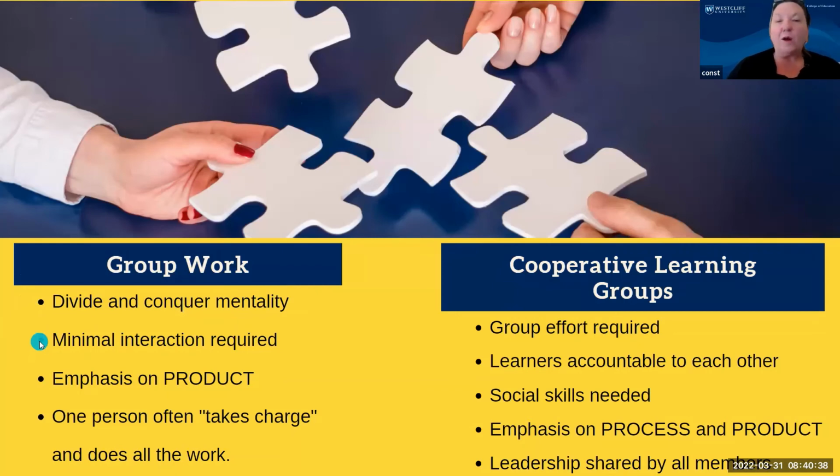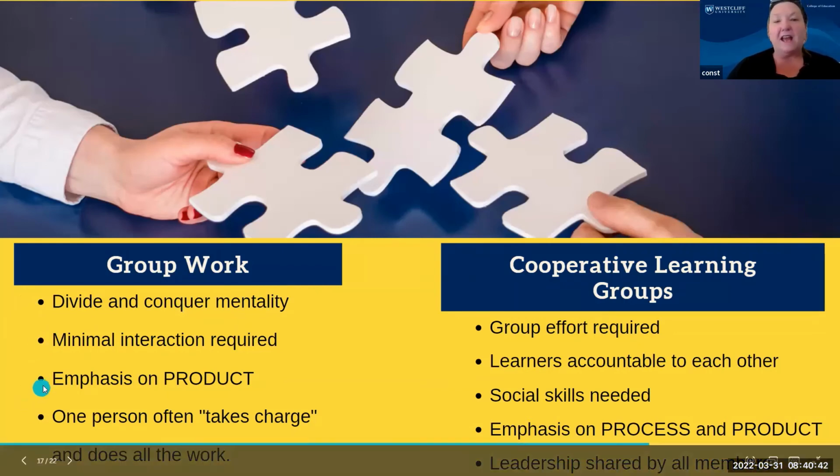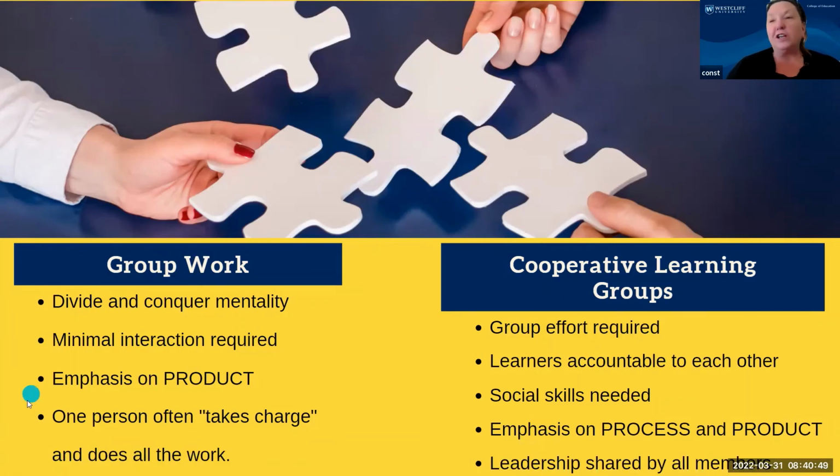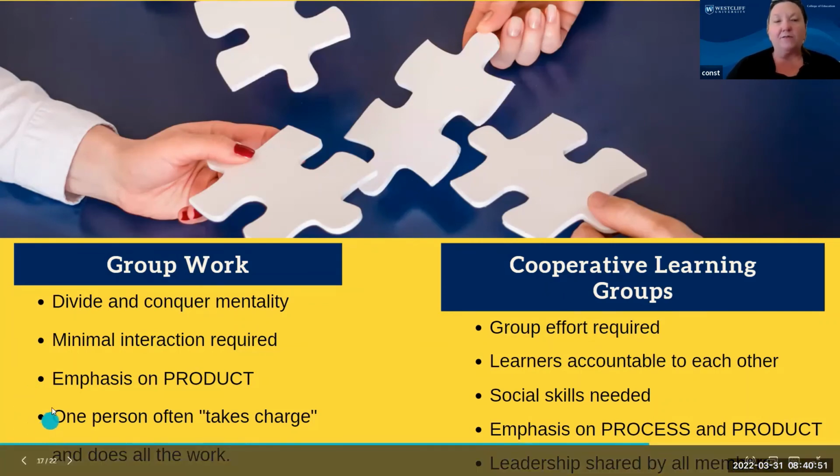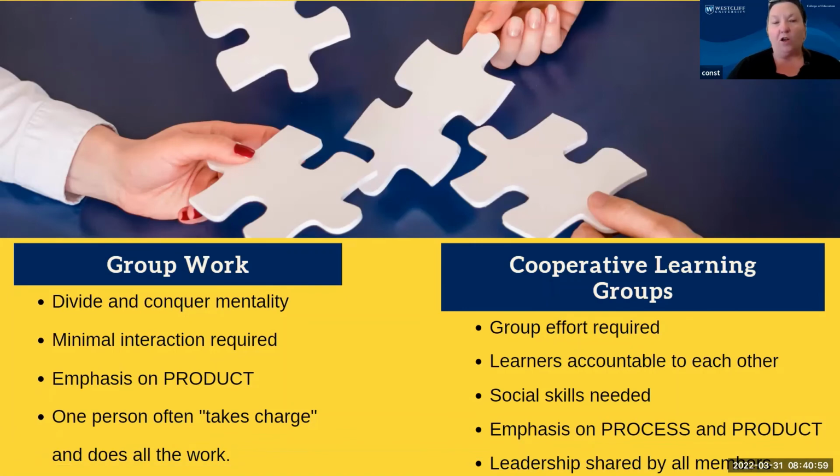They may not ask each other questions. The emphasis is on the product, that in the end, when we bring you back, and sometimes the time may be given, sometimes not, you're going to do this. And one person often will take charge, or maybe no one takes charge and they just turn their cameras off. Or maybe one person does all the work.